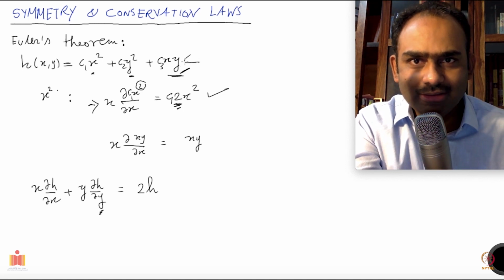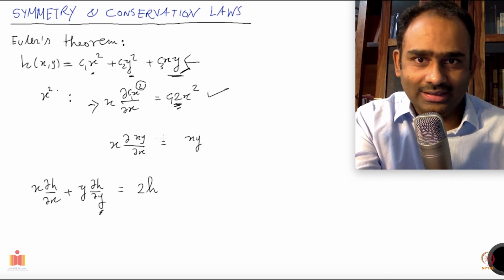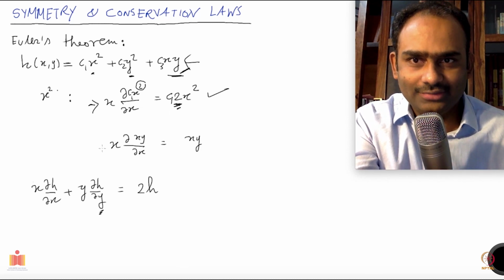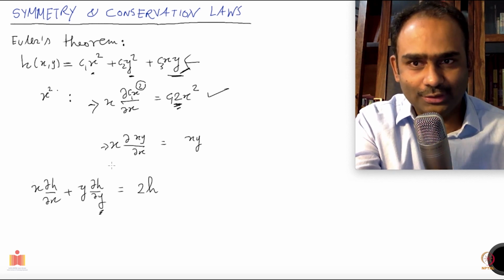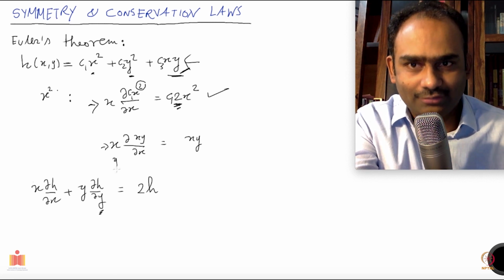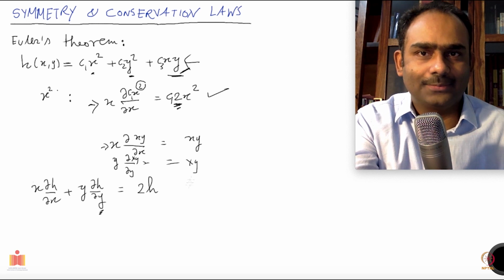And this one here, you may realize that this will not create a power of 2 by taking partial derivative with x or with y, but when you add them, this addition will create the 2 powers. So here you will have y del by del y of xy, that will again generate xy, right? And then when you add these two, you get 2xy.